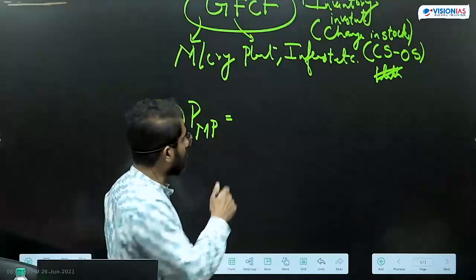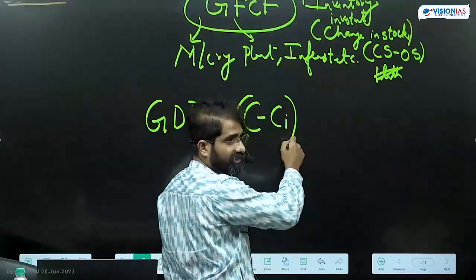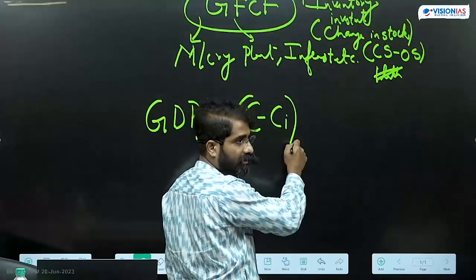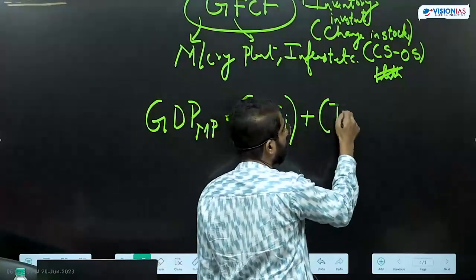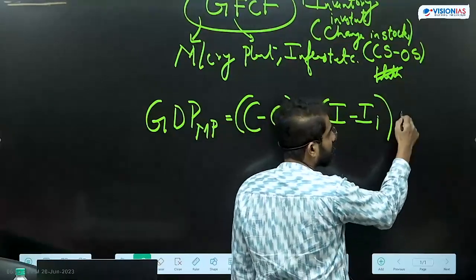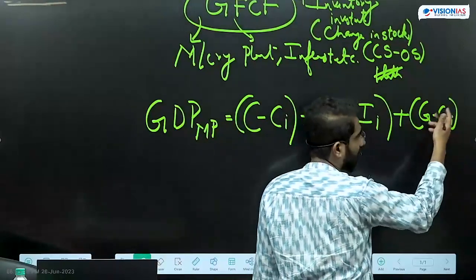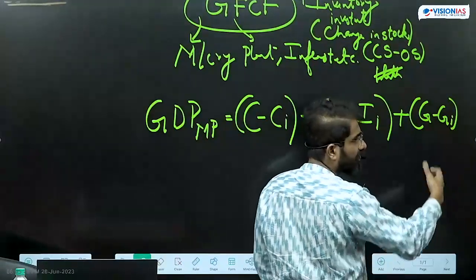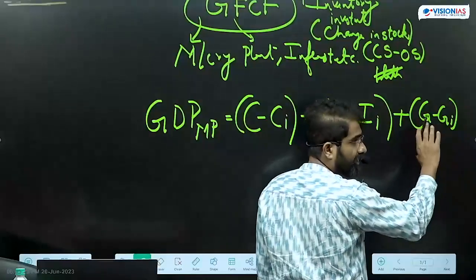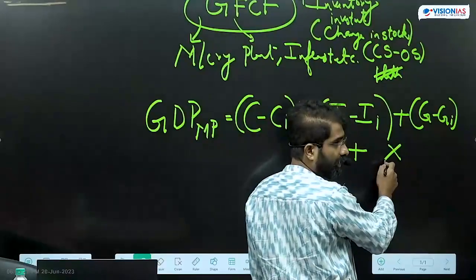If the households are buying some imported goods, I'm not interested in those imported goods. I'm going to deduct. Similarly, if the private player is importing some machinery from outside, that also I'm going to deduct. Similarly, government is buying some imported goods, that also I'm deducting it. Plus what? X. X is what? Export.